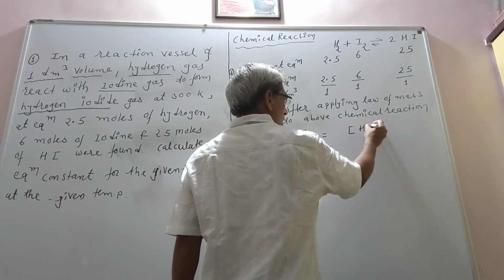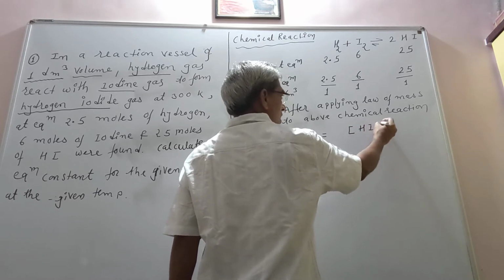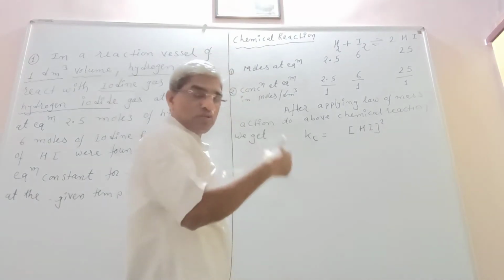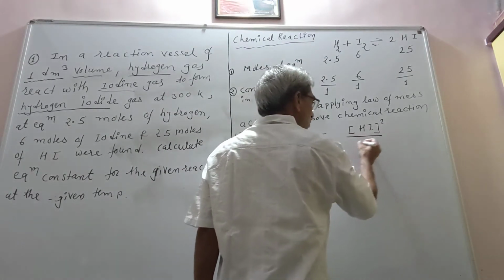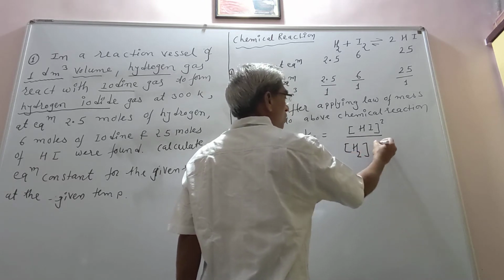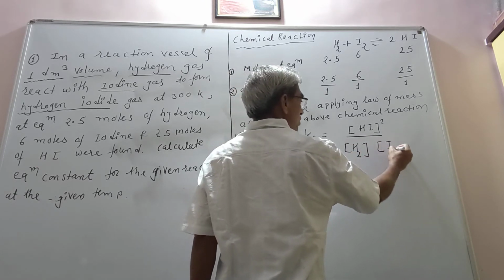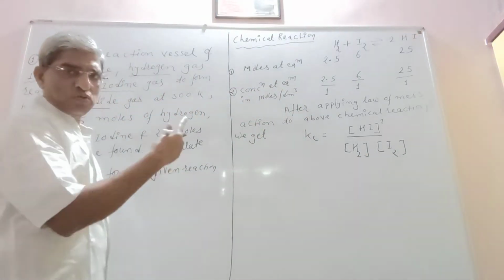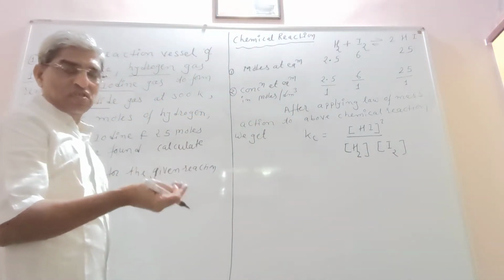Concentration of HI means active mass of HI raised to 2, number of moles 2, therefore raised to 2, whole upon concentration of H2 into concentration of I2. Number of moles of each is 1, therefore raised to 1, and it is not necessary to write 1.